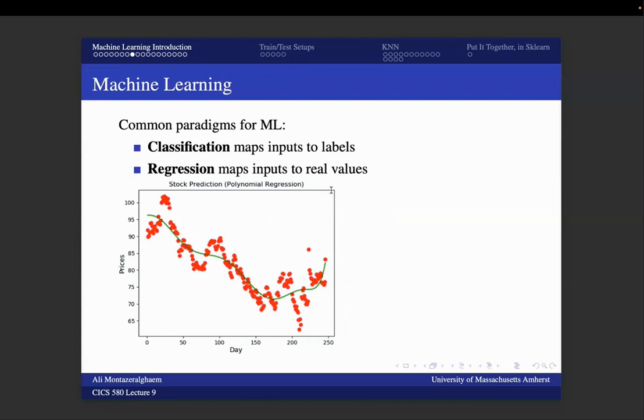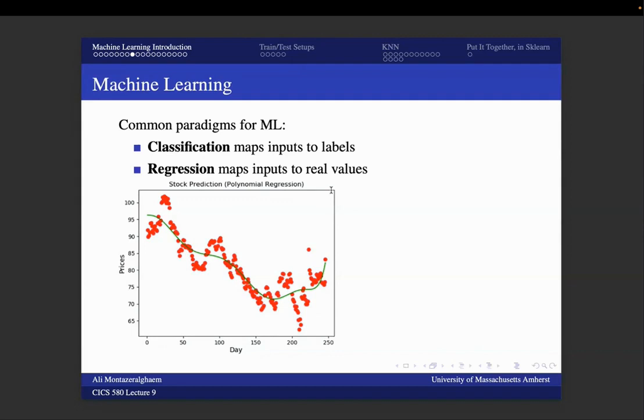For example, I have a figure here, which is the price of a stock over some days, and we want to predict the price of the stock on the next day.